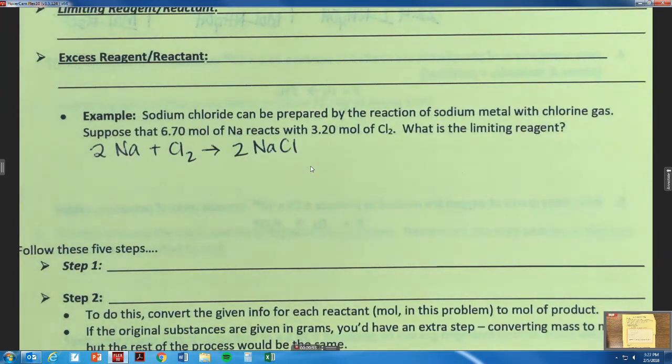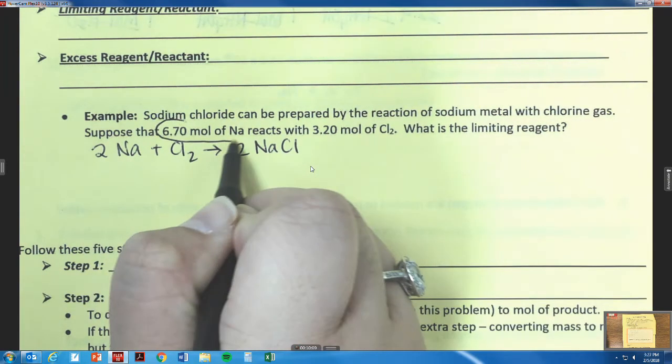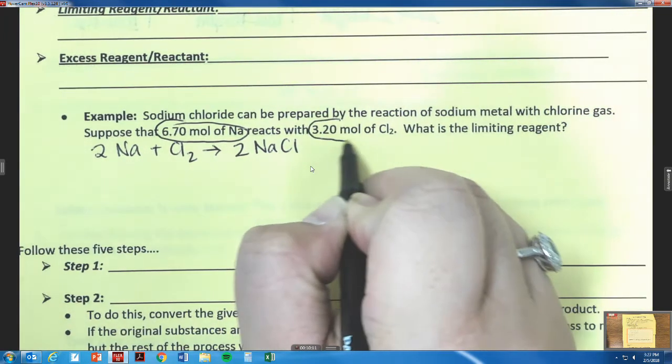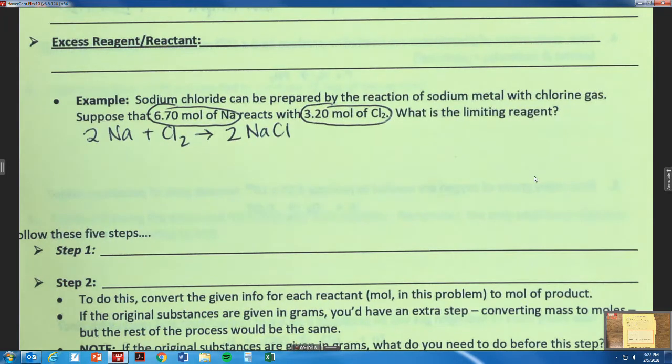So that's going to be our balanced equation. Step 2 is to solve for moles of product for each reactant. Remember, I have two givens, so because I have two givens, I'm going to have two separate math calculations.